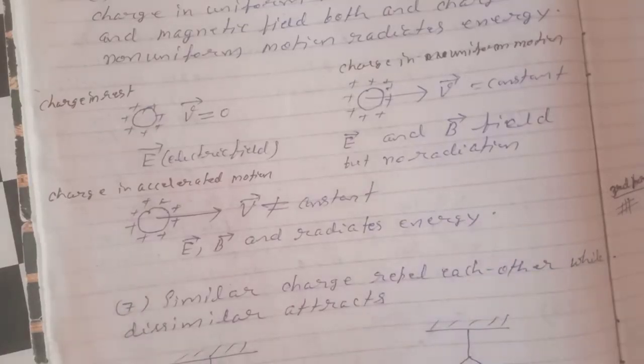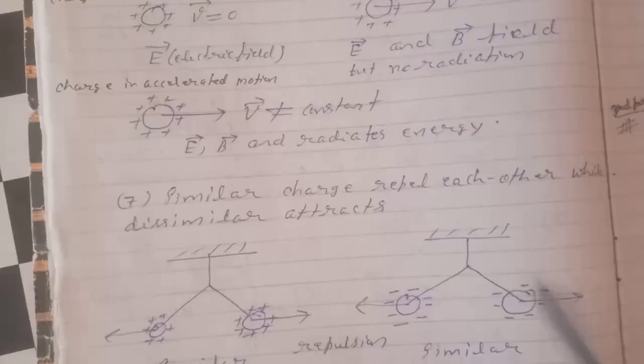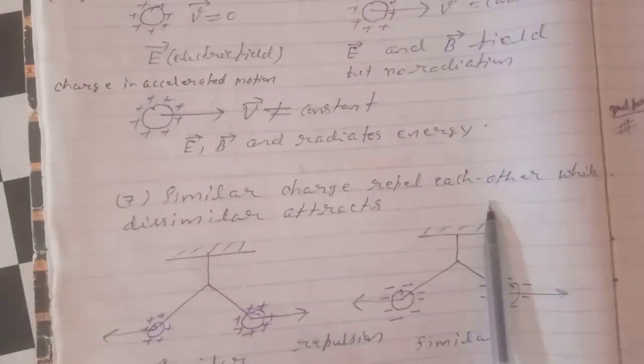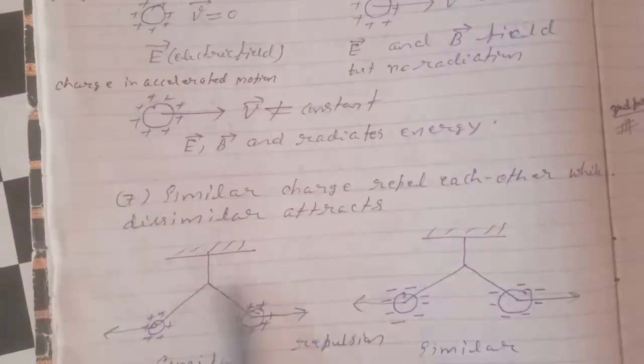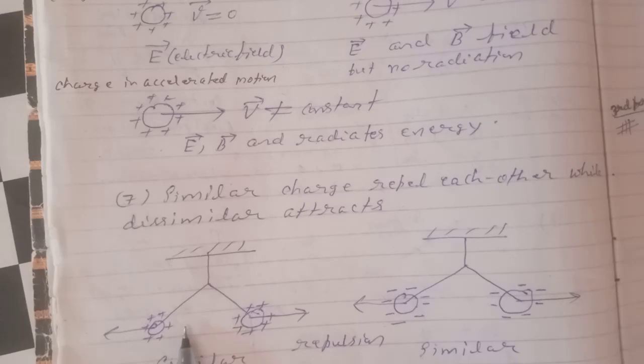Now the seventh property: similar charges repel each other while dissimilar charges attract. It means that the same type of charges will repel each other, applying force on each other away from the body. That is, this is a body and this is another body, both with positive charge.